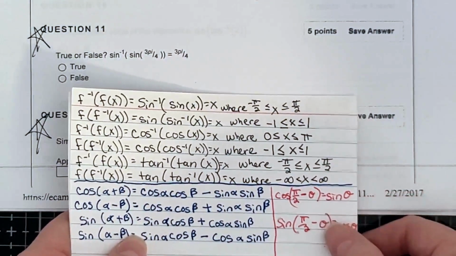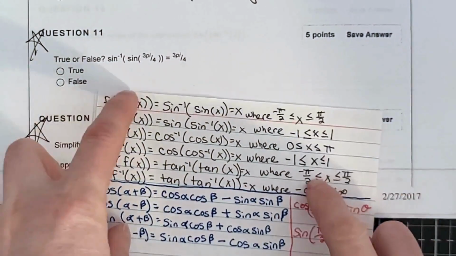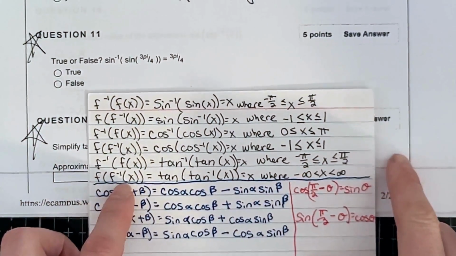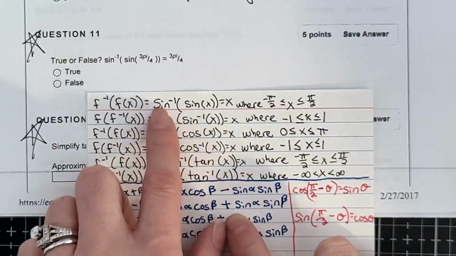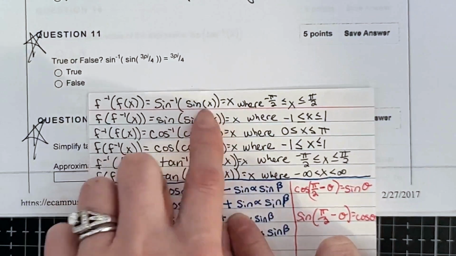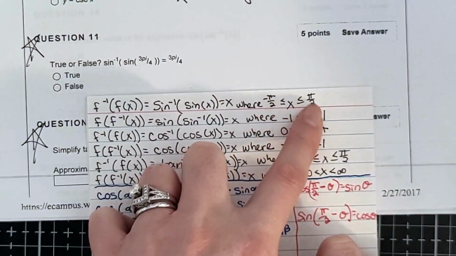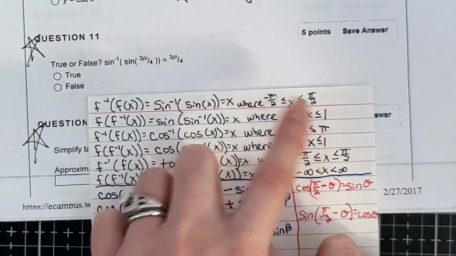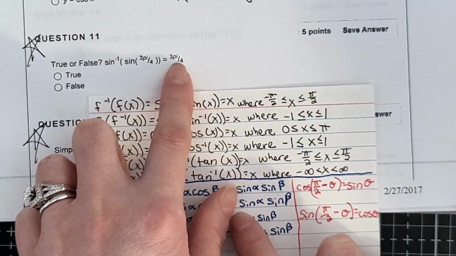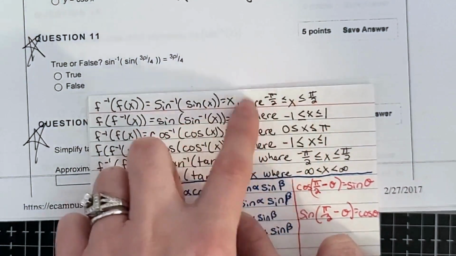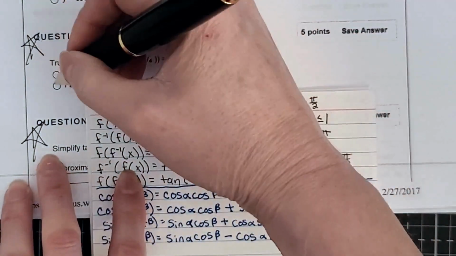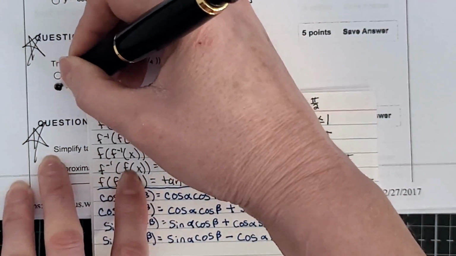If you looked at your index card, you should have these memorized for test 3. So if I look, sine inverse sine of x equals x between negative pi over 2 and positive pi over 2. If I look at 3 pi over 4, that is not in between that interval. So this one would be false.